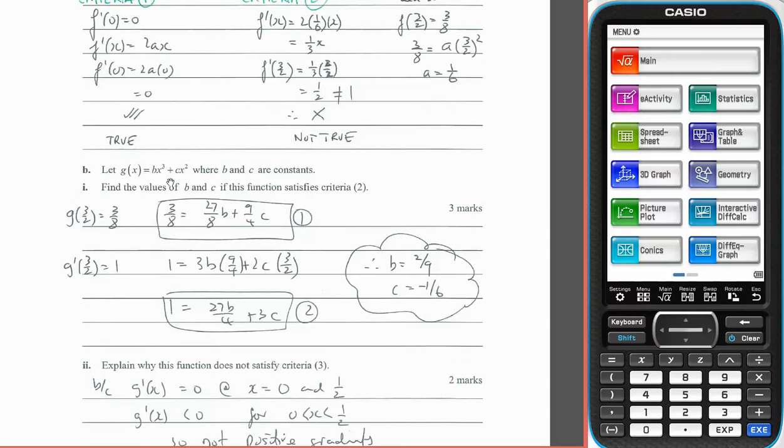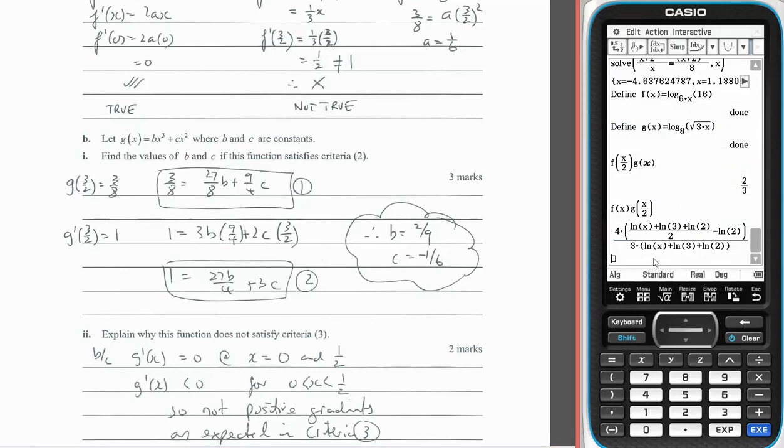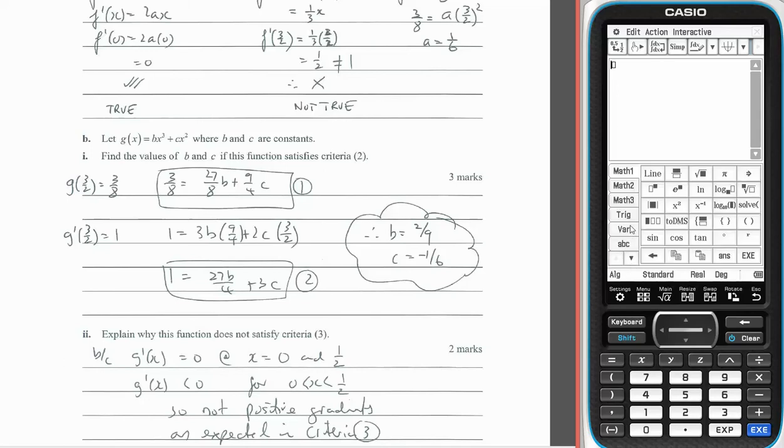Part B, g of x is bx cubed plus cx squared, where c and b are constants. Okay, so on my calculator, I've got bx cubed plus cx squared.